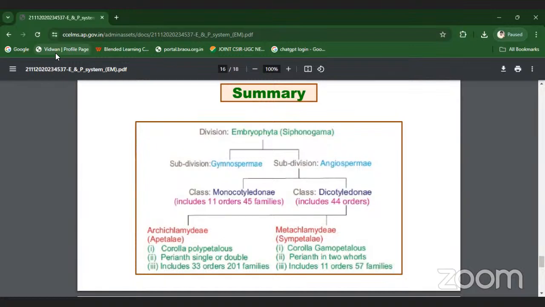Actually, they are closely related families, but they are separated based on this character of woody and herbaceous. Hutchinson derives angiosperms from proangiosperms, of course, but it does not provide information about the nature of this hypothetical ancestral group. How the angiosperms derived from the proangiosperms, he did not give proper justification.